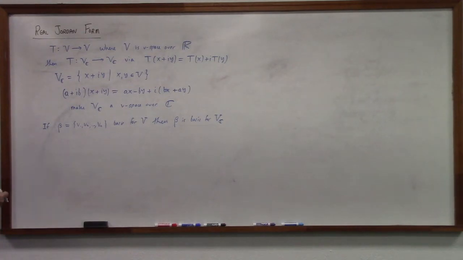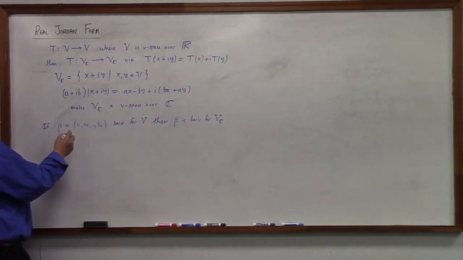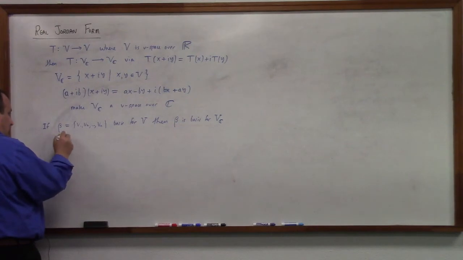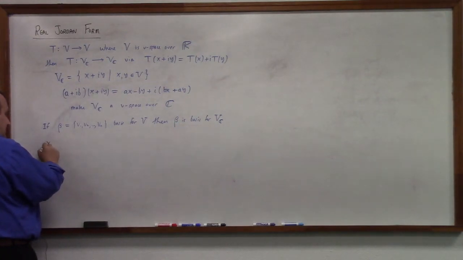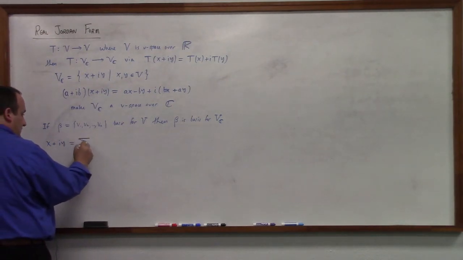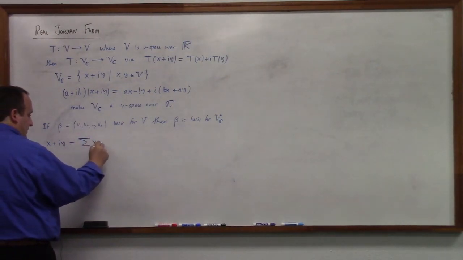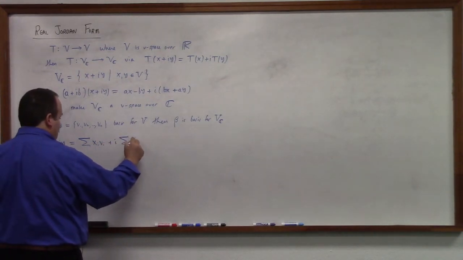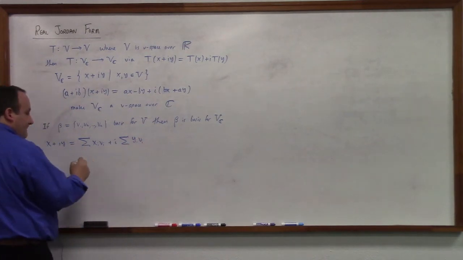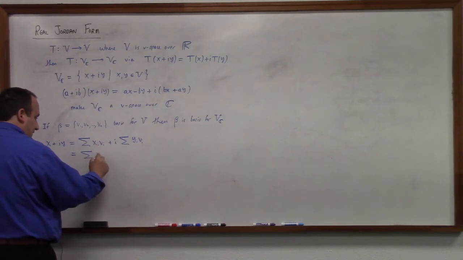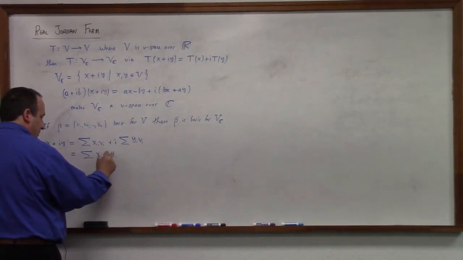And the proof of that is relatively simple. If we have x plus iy, you could write that as the sum of x sub j v sub j, plus i times the sum of y sub j v sub j, which you can write together as the sum of x sub j plus i y sub j times v sub j. Maybe I should be using j's.